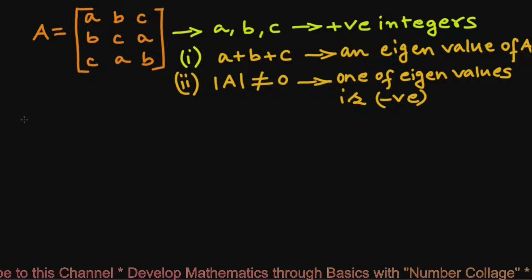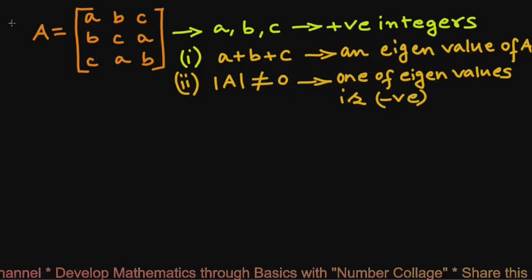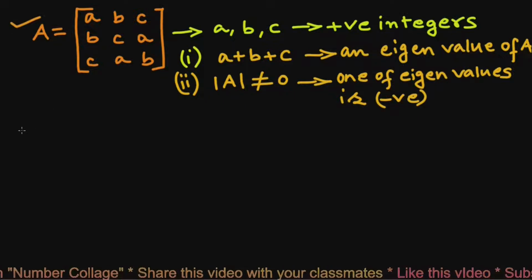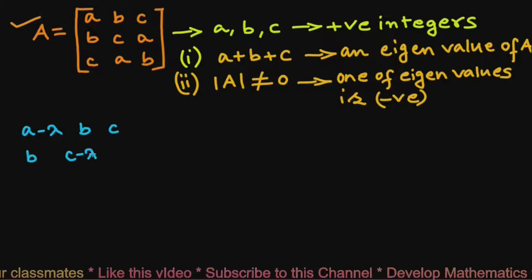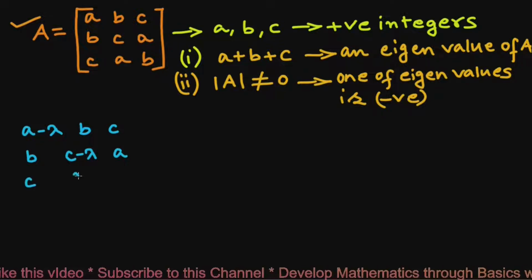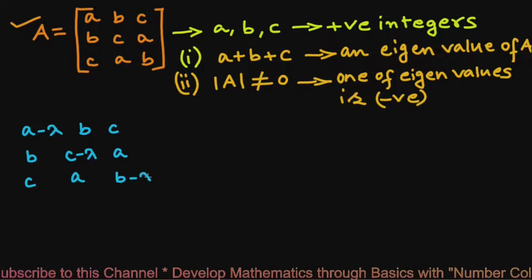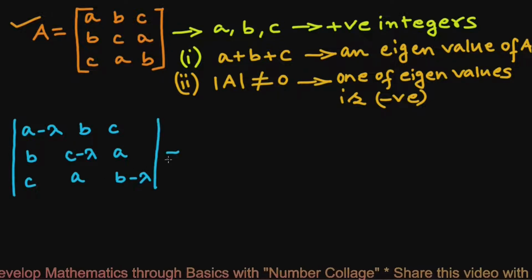Let us first write the characteristic equation of matrix A, which will be the determinant of A minus lambda, B, C; C, A minus lambda, B; ... equals 0.